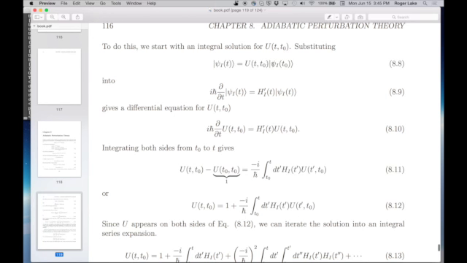So we know this is how our wave function in the interaction representation evolves with time. It just evolves according to this S matrix, U(t,t0). Right? That's the time dependence of the wave function in the interaction representation. We also know that this is true. This is the equation of motion for the wave function in the interaction representation.